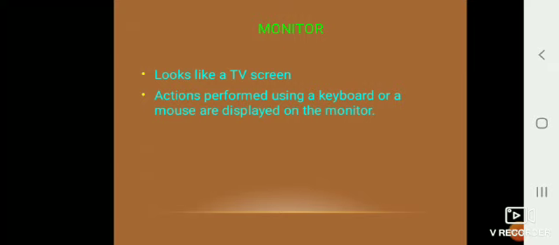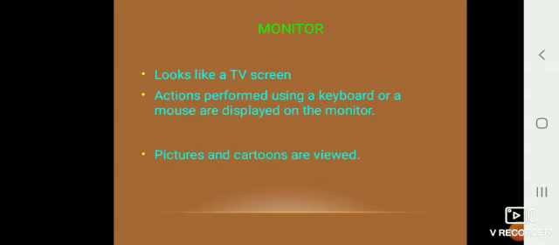For example, if you type your name, your father's name, mother's name, or school name, everything will be displayed on the monitor. In the same way, if you select any icon through the mouse, that is also displayed on the monitor.